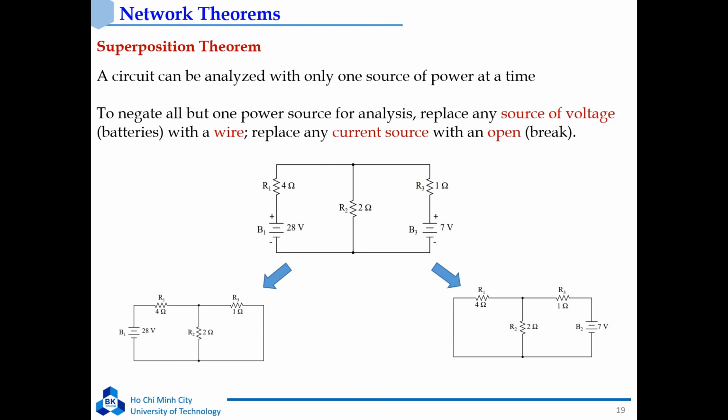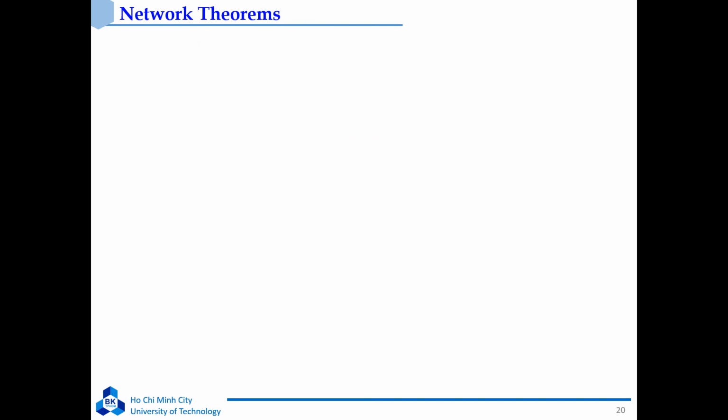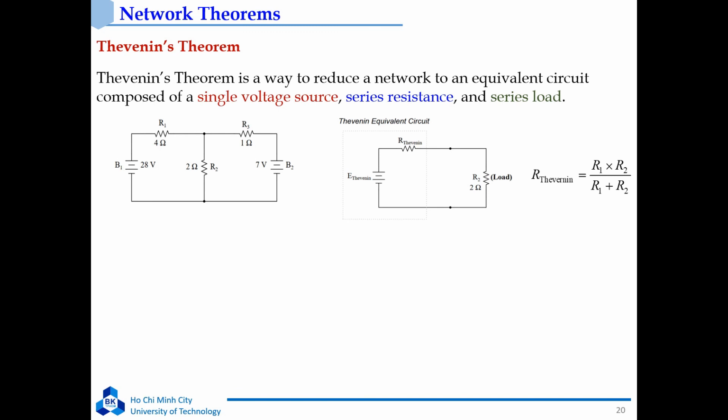And two other theorems are the Thevenin theorem and Norton theorem. The Thevenin theorem is a way to reduce the network to an equivalent circuit composed of a single voltage source, series resistance, and load. You can see the figure.